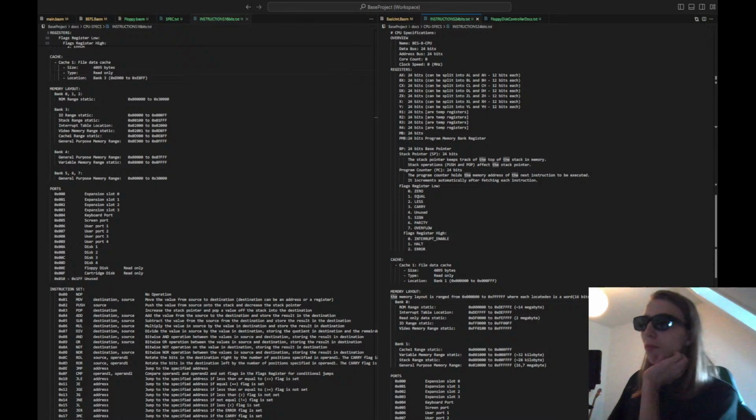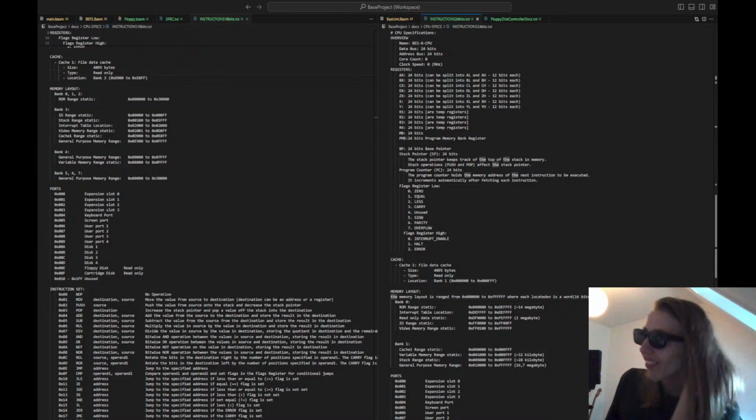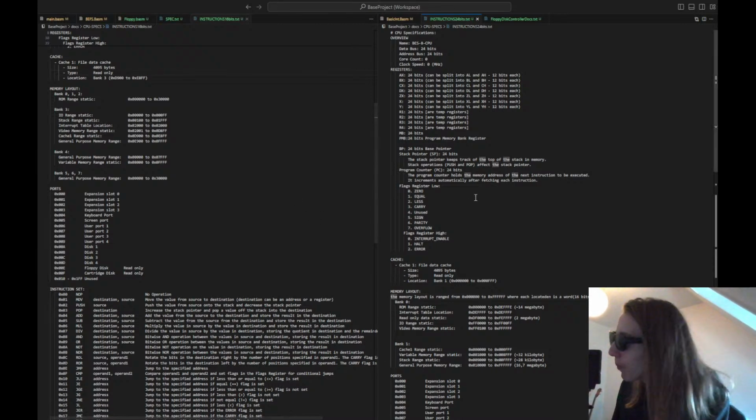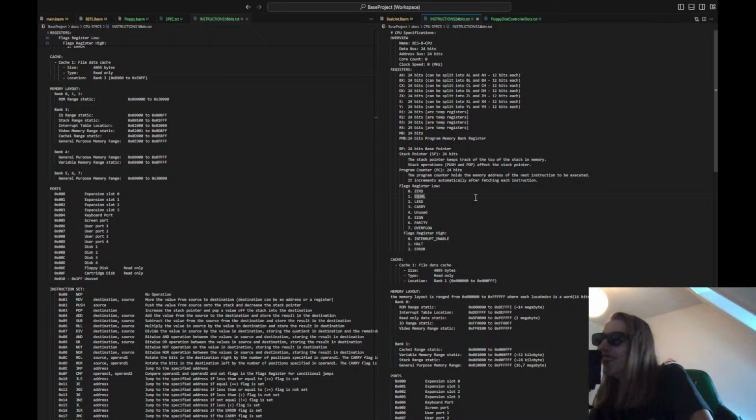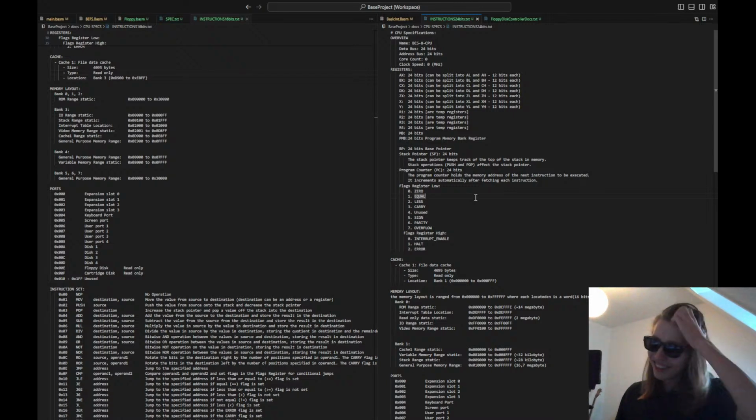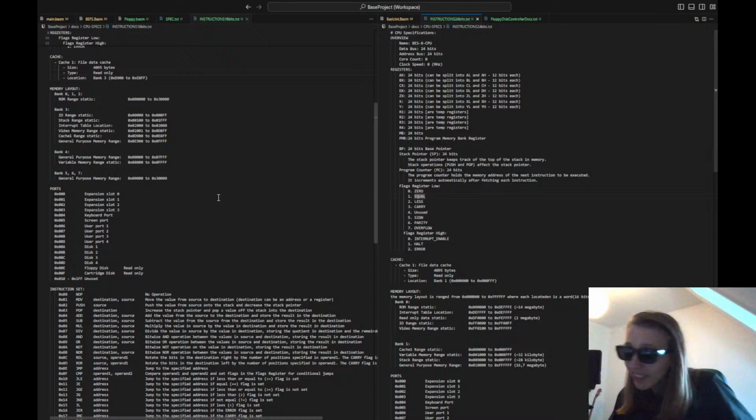Okay, so you might remember the CPU here, and I kind of abandoned it because of scope creep. Well, I've decided to go back to it again to try to see if I can fix it.